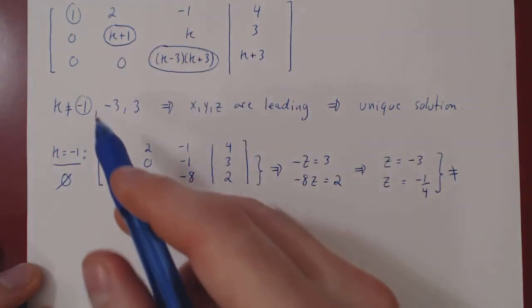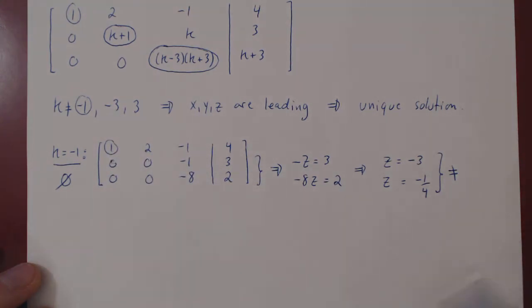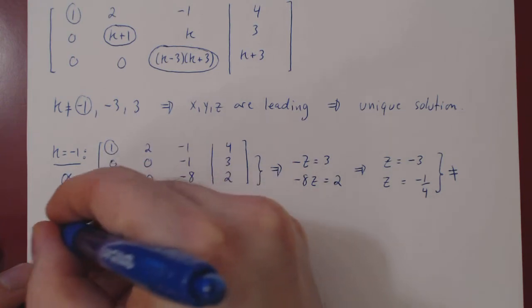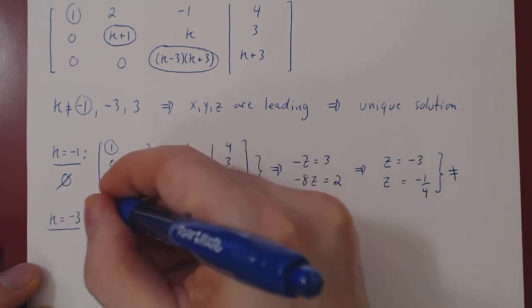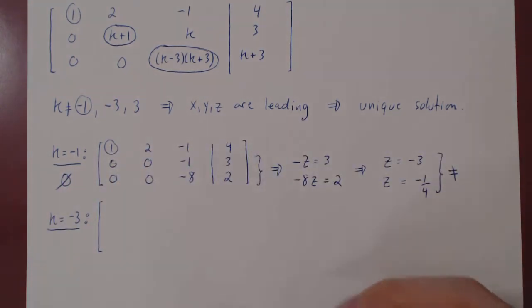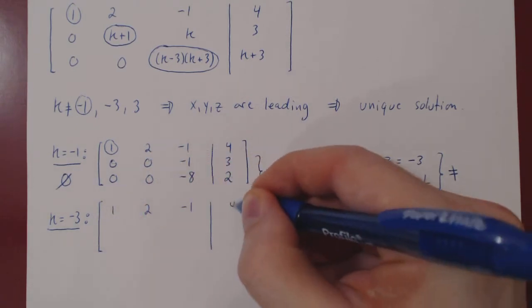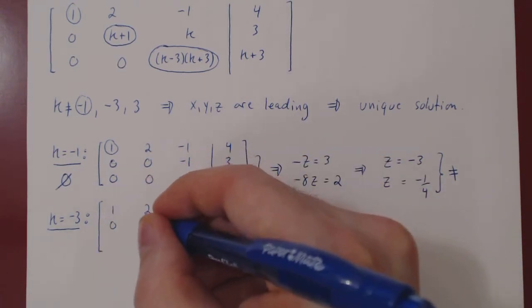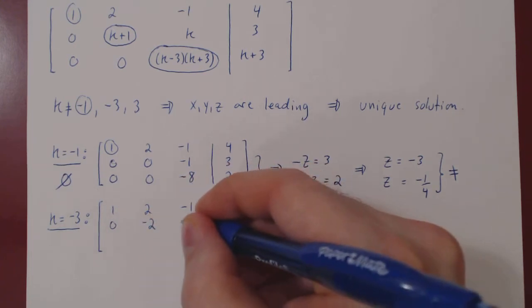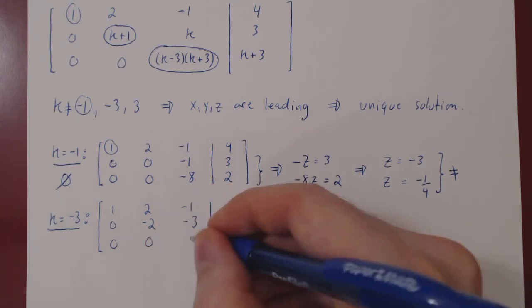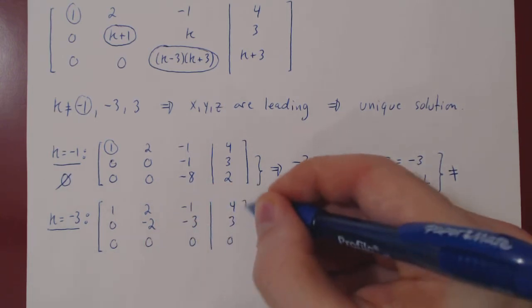Let's check our second exceptional value, k is -3. We get 1, 2, -1, 4. 0, -3 plus 1, -2, -3, 3, 0, 0, 0, 0.